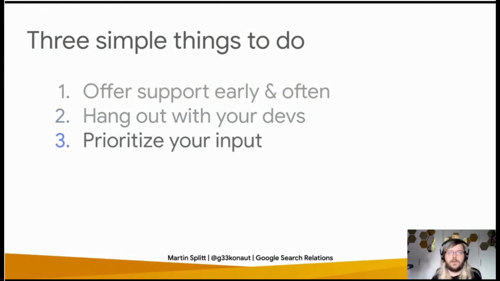Also, prioritize your input. If you come running with every small detail that isn't perfect and pretend that it's the showstopper number 1, eventually that desensitizes your developers. If it is a showstopper, call it out as such. But if it's just a non-optimal meta description or a title tag that needs to be rewritten, that's something that is relatively minor, I would say, for a developer, and it doesn't really stop the show.